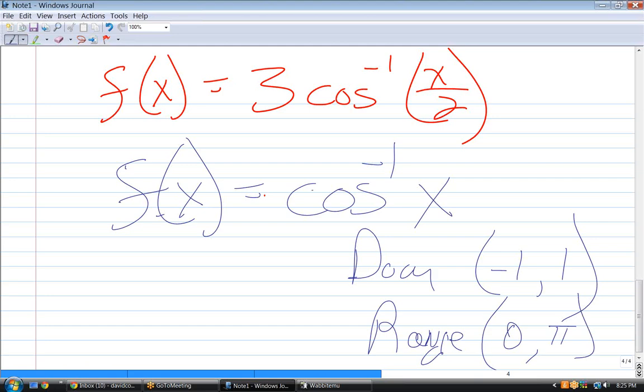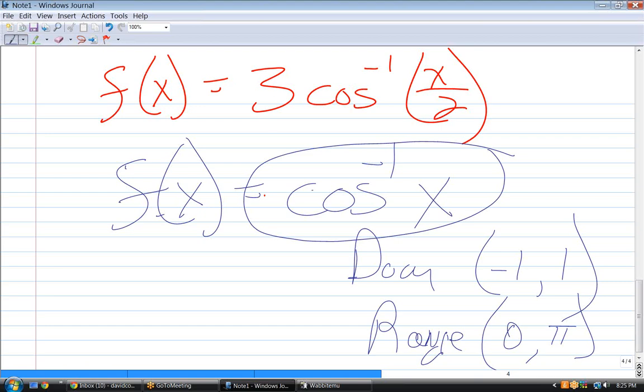Okay, you with me there? Yeah. Okay, so if the domain and range of that function is what I've written in blue, then the range of this function is from -3 to 3.